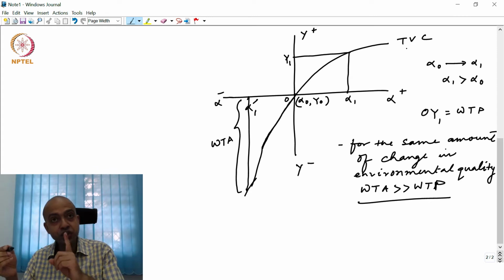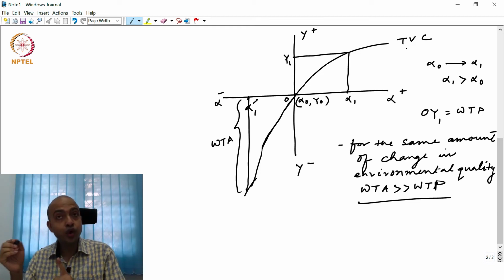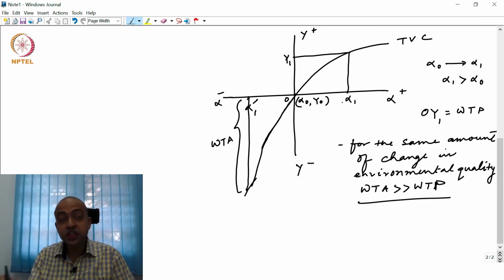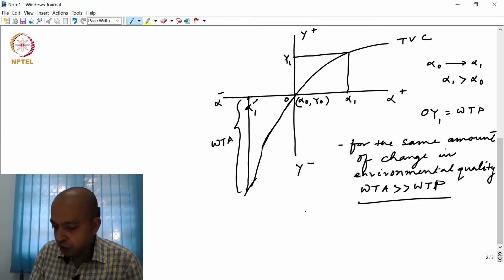One thing we must always keep in mind is that whenever we are eliciting information about individuals' preference for environmental quality, we are estimating economic value for a change in environmental quality. For example, here we are measuring willingness to pay or willingness to accept for a change from alpha 0 to alpha 1 on the positive side, or alpha 0 to alpha 1 prime on the negative side.